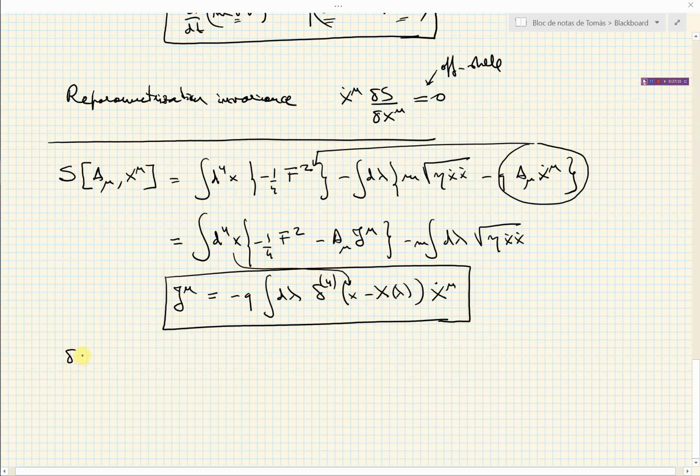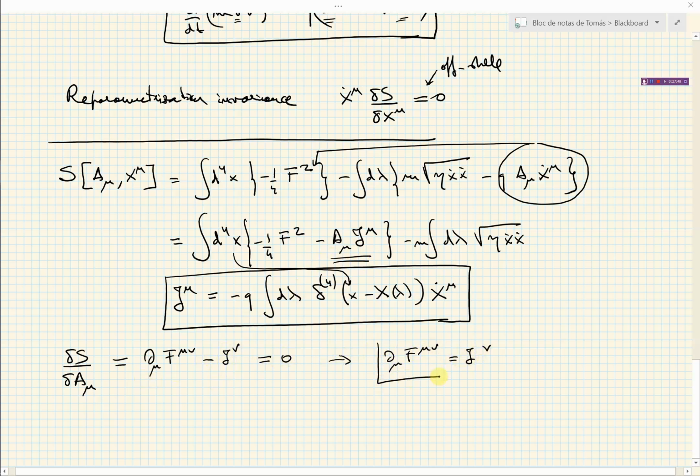Now you can find the new equations, for instance, how the Maxwell equations are modified. The first term, the standard Maxwell Lagrangian in vacuum, gives you exactly the same. So you only get one contribution more from the second interaction term, which is J^nu. So the equations that you get are partial_mu F^{mu nu} equal to J^nu, and indeed this is the current.